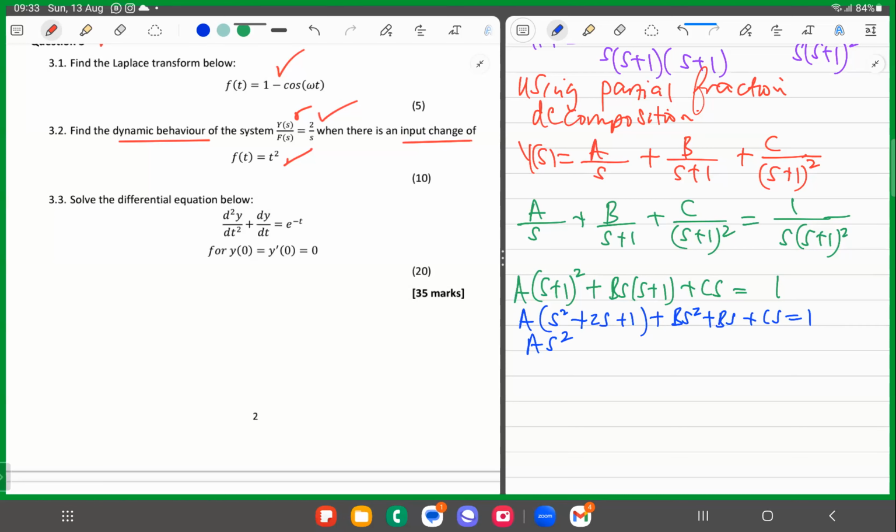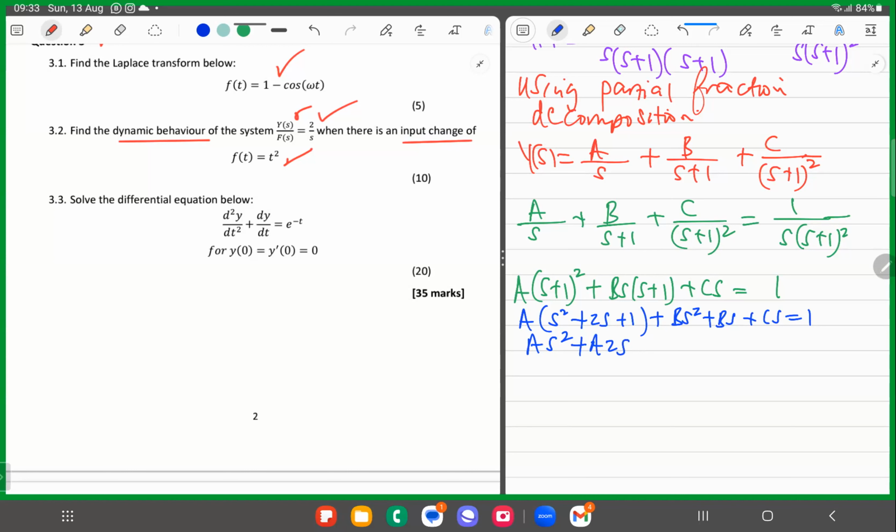Okay, we continue. So you have this one plus A s squared.